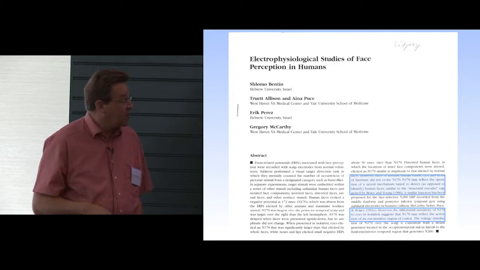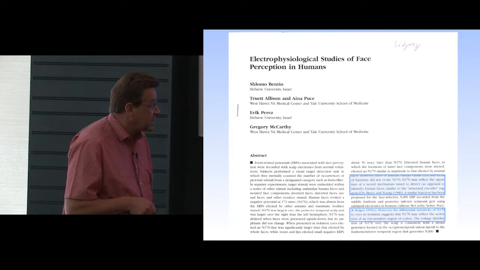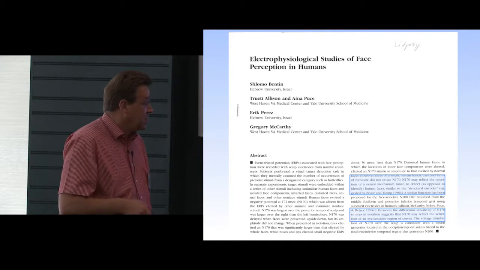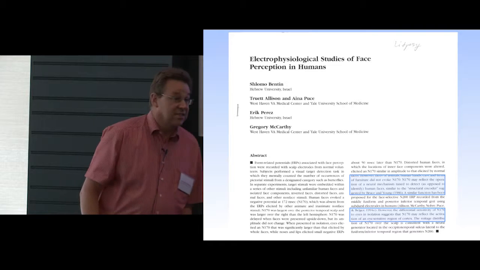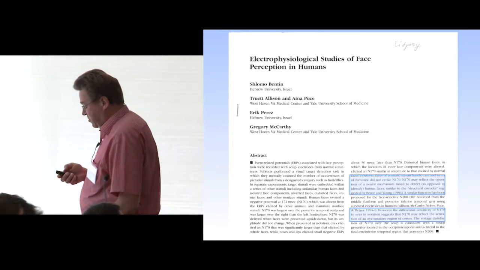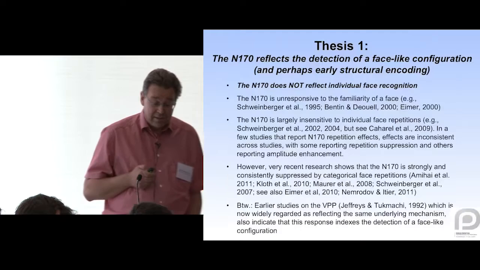And the second point I want to highlight is where he says, however, the differential sensitivity of N170 to eyes in isolation suggests that N170 may reflect the activation of an eye-sensitive region of cortex. And I think both these points of Shlomo at the time have stood the test of time remarkably well.